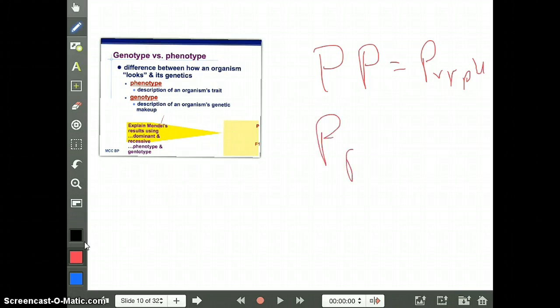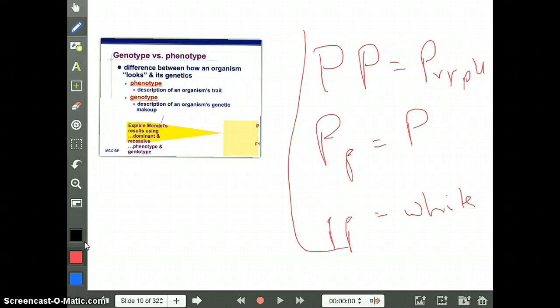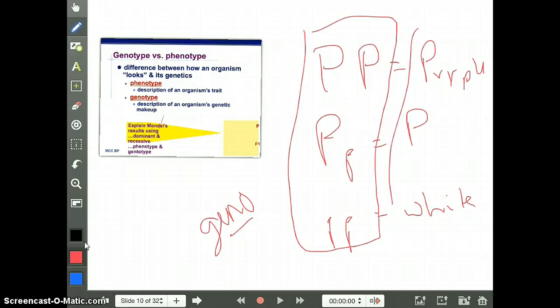Our big P, little p is still purple, but our two little p's is white. These three orientations are the genetic makeup, or genotype, where these three are the physical appearance, the phenotype.